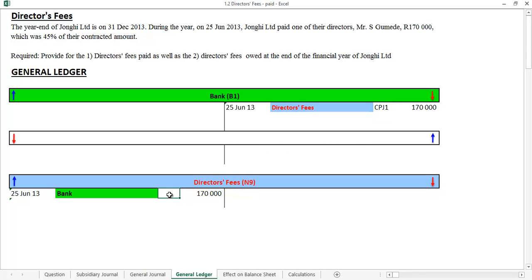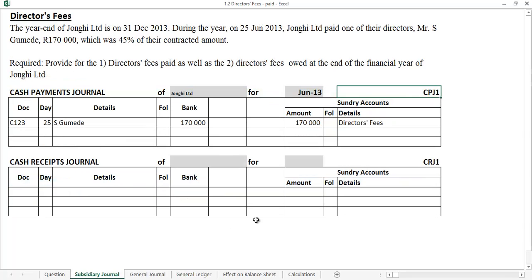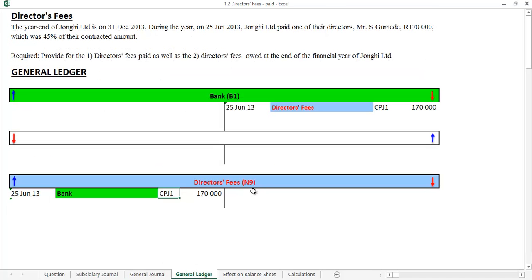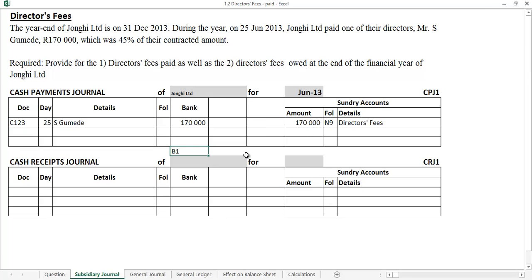And this one also needs to say CPJ1. There we go. Because we've paid the director's fees. And then in our subsidiary journal, now that we've posted it, we can fill in here N9 for director's fees, and we can fill in here B1 for the bank account. B1 and N9. Right, and that's the posting of the journal to the ledger.